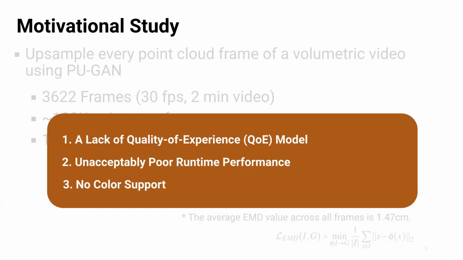And I have not mentioned, but the inference time of the live PU-GAN is 0.1 FPS, which is highly unacceptably poor considering the runtime inference. And also, the SOTA models usually do not consider the color of the point cloud.